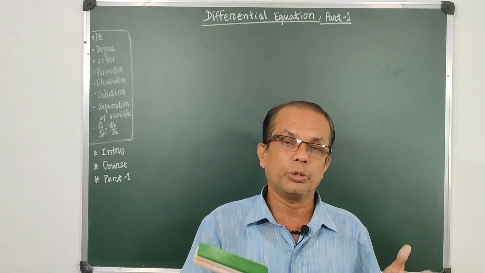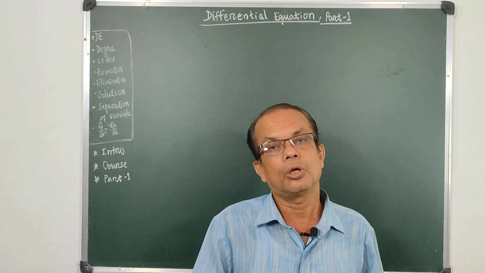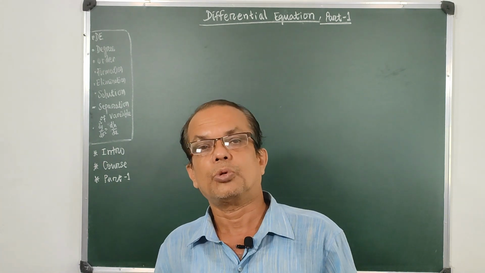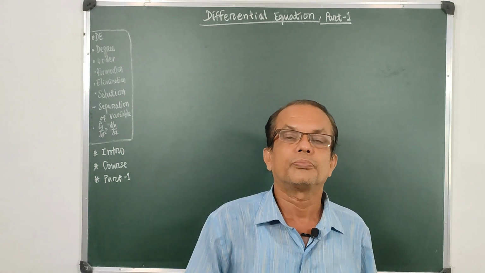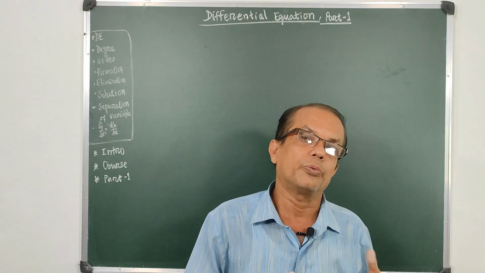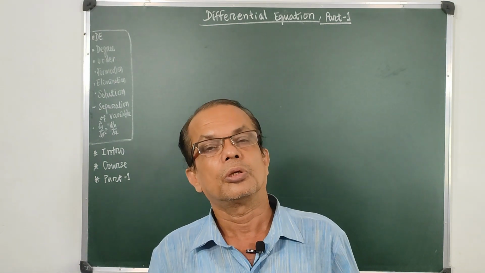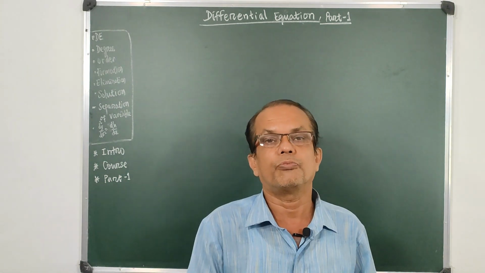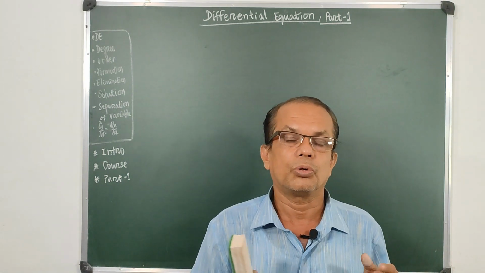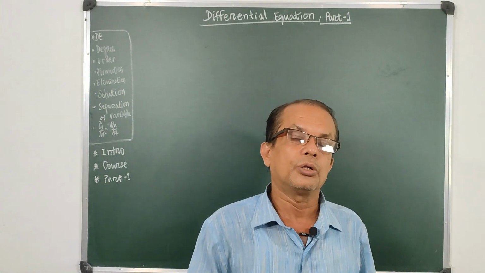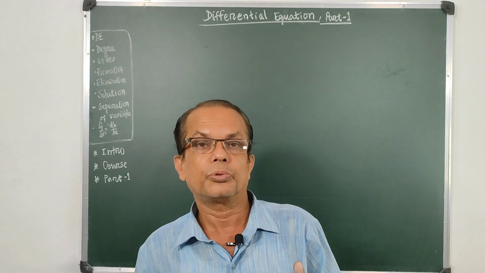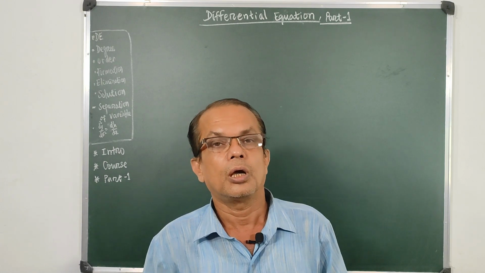Are there two different types of solutions? What is a particular solution and what is a general solution? Then we shall solve simple differential equations using the separation of variables method, and when there is a second derivative, and then we shall end this part.